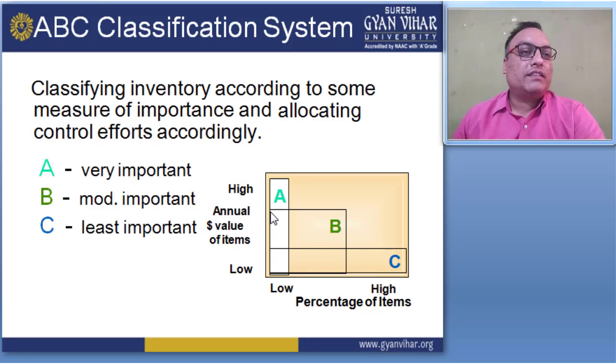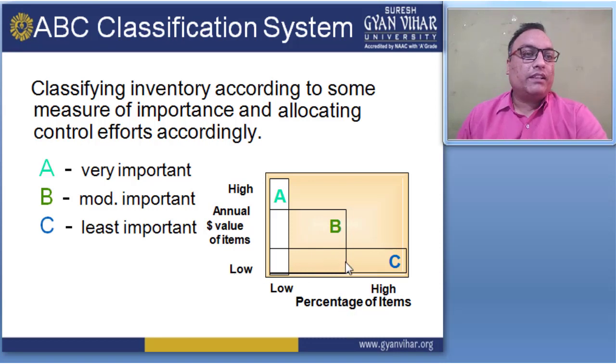In this A, B, C, A refers to the high value, but it has only a small percentage of the whole volume. The B class of items are somewhat less, but they hold a larger percentage of the volume.